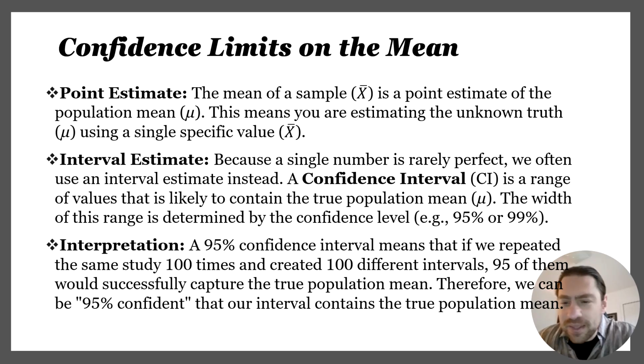So by analogy, let's say that I witness a crime and the police are interviewing me about the perpetrator. And suppose they ask me, well, how old did the person look? And imagine I say, he looked 37 years old. That would be a point estimate.